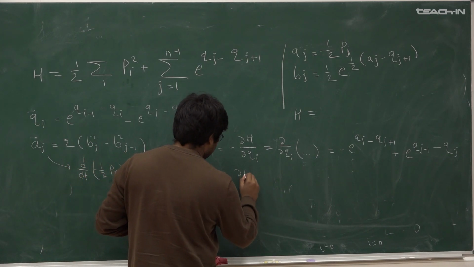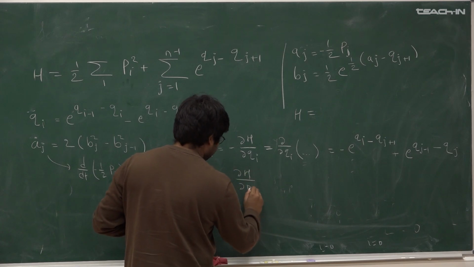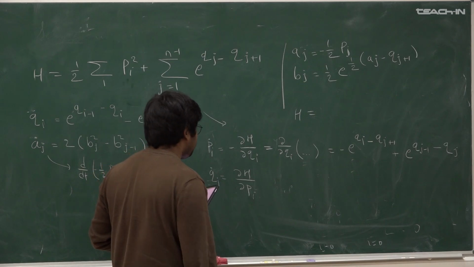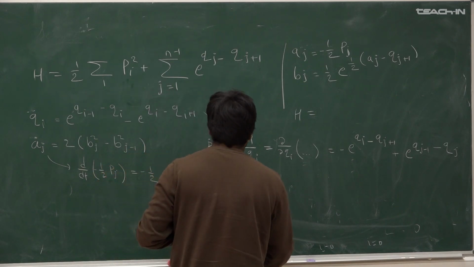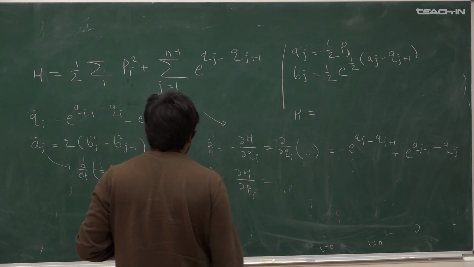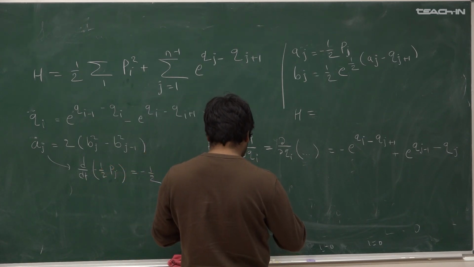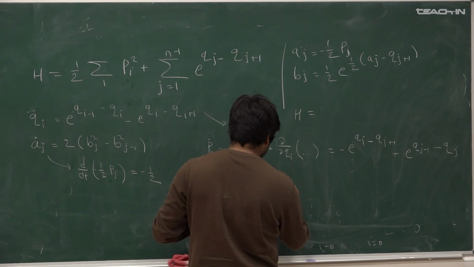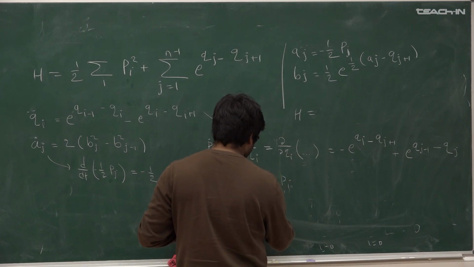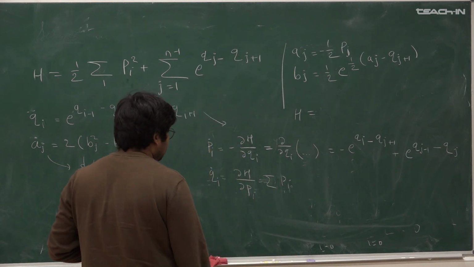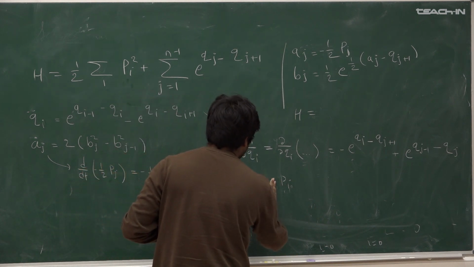Now we can do the same thing for the q, which will be just something, and you can see that this doesn't depend on any p, so it will be just pi, without summation.